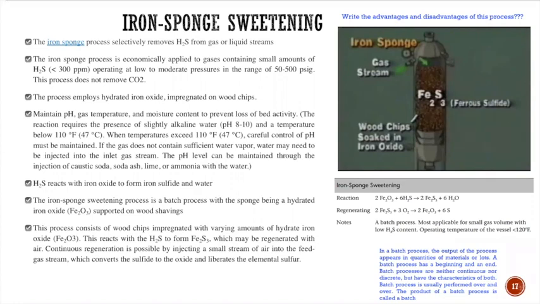The objective of adding water is that the pH should be maintained between 8 to 10, as shown in the fourth point. So we want to achieve a pH of 8 to 10, then only this process would be more effective. Now see, if the gas does not contain sufficient water vapor, water may be injected into the inlet gas stream, and bed alkalinity should be checked daily, that is, it should be a pH value of 8 to 10.